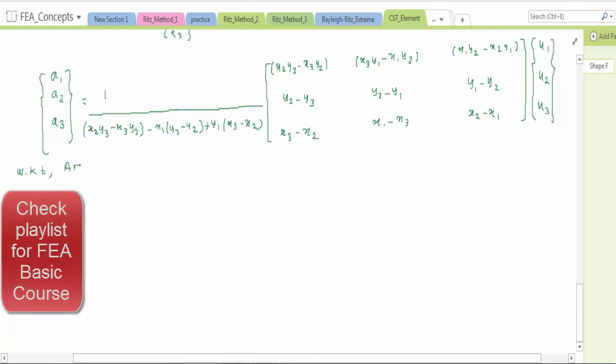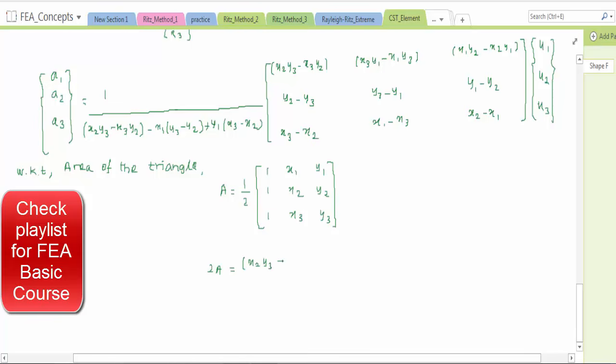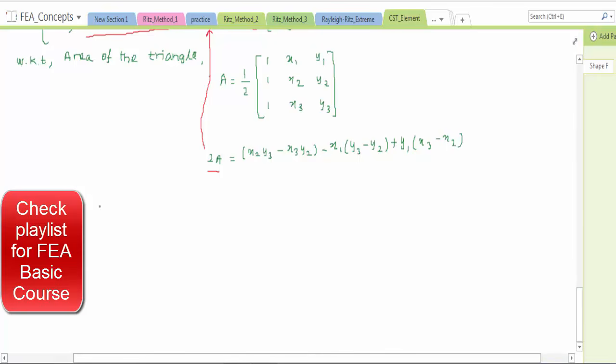Now we have to find the area of the triangle, that is 1 by 2 into the determinant 1 x1 y1, 1 x2 y2, 1 x3 y3. If you simplify this, you will have x2y3 minus x3y2 minus x1 into y3 minus y2 plus y1 into x3 minus x2. This whole term can be replaced with 2 into the area of the triangle, 2A.